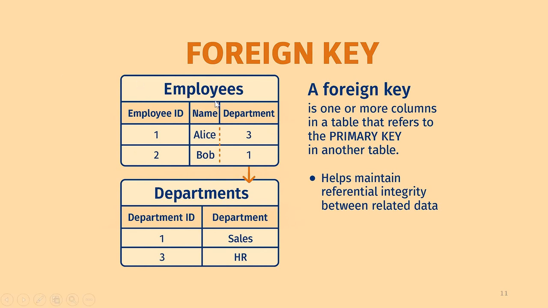We have employees and department. In the table employees, we can have employee ID, which is primary key, because we should not have two employees with the same ID, name, department, etc. And here we have another table, which is department.